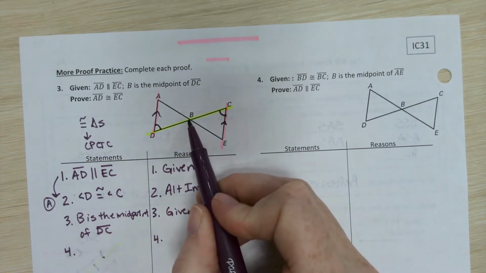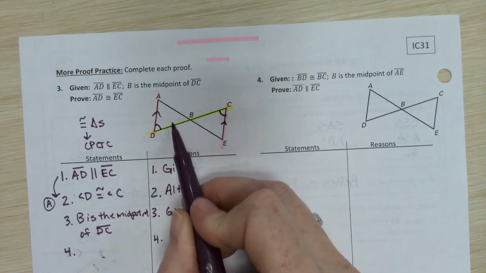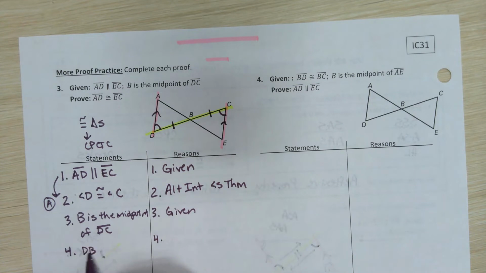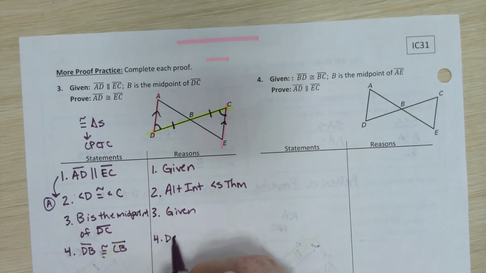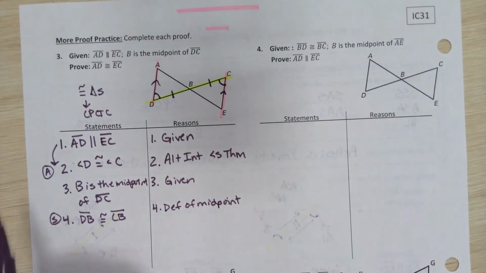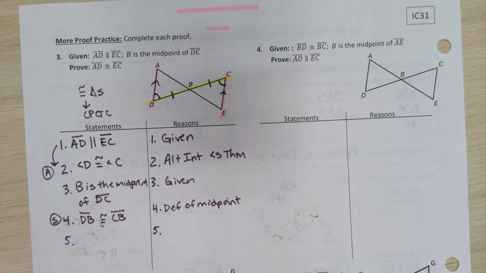If B is the midpoint of segment DC, I'm going to be able to mark that these 2 parts of the segment, so segment DB and segment CB, are congruent using the definition of midpoint to give me a congruent pair of sides.